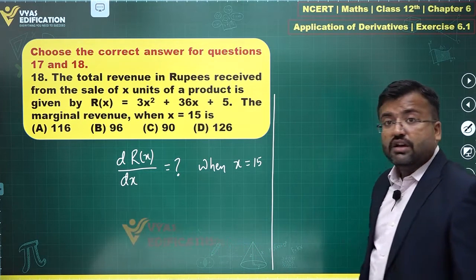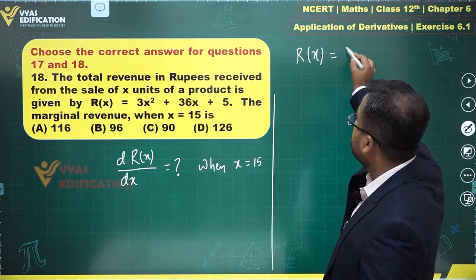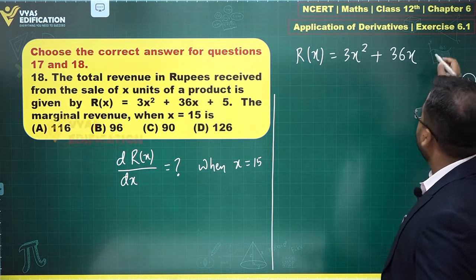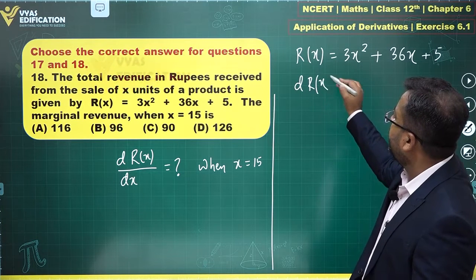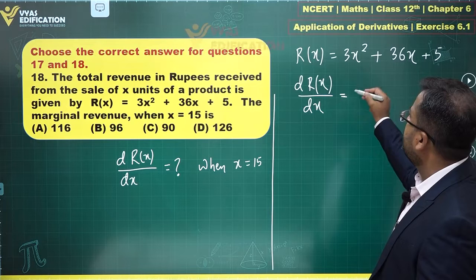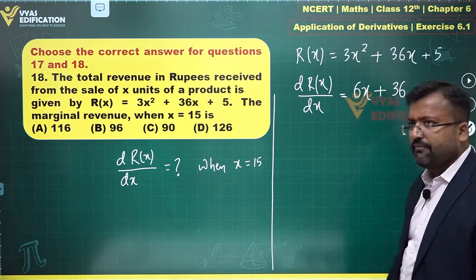Given R(x) equals 3x square plus 36x plus 5, d of R(x) over d of x is 6x plus 36.